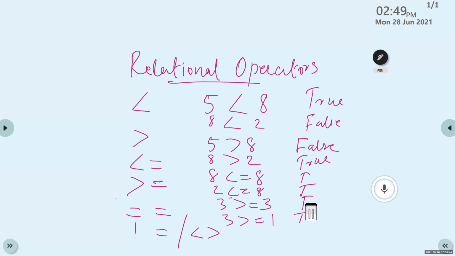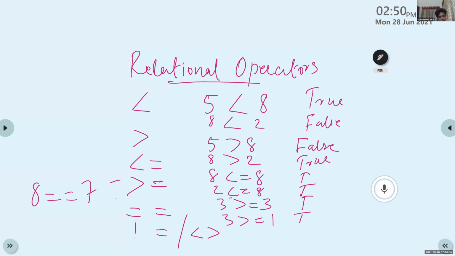Okay. Then what about equal to? 8 equal to 7, what is the answer? False.